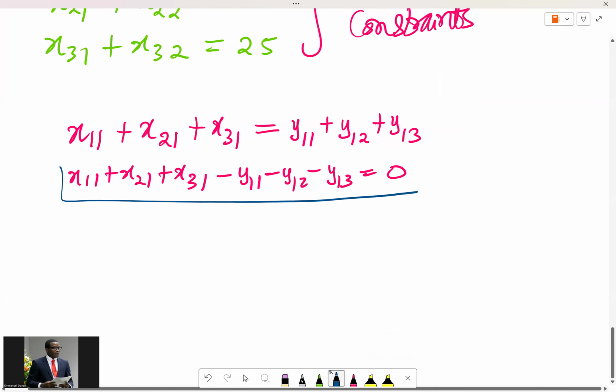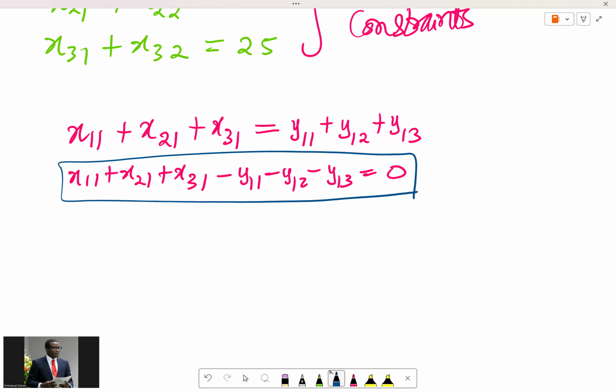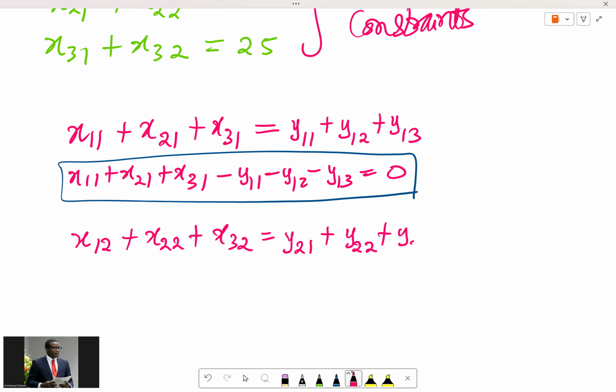So the next one is that whatever goes into the second transshipment node also flows out. So we have x12 plus x22 plus x32. That is whatever is flowing from each supply node into the transshipment node is also going to flow out in form of y21 plus y22 plus y23.